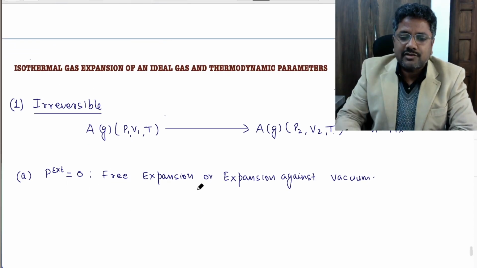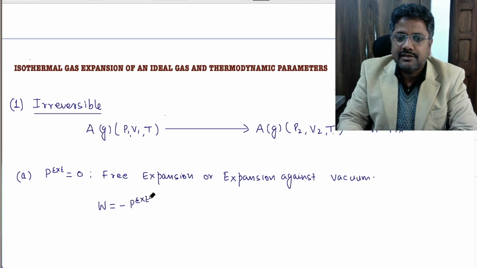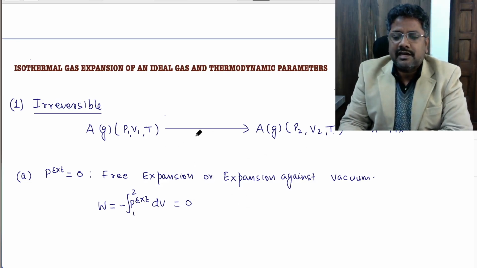Now if P external is 0, then W is equal to minus the integral of P external dV from 1 to 2, and this is equal to 0. It means the gas has done no work.